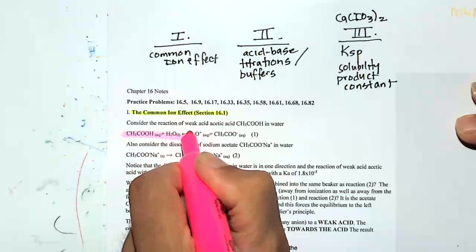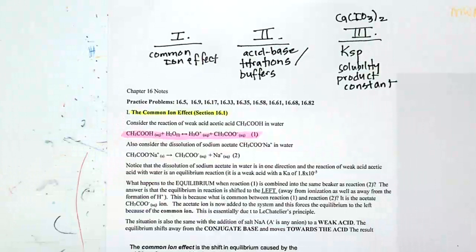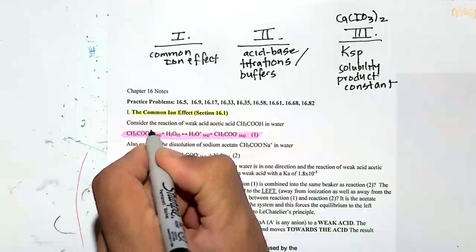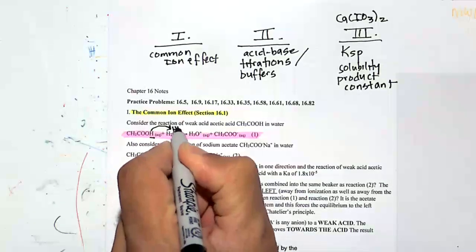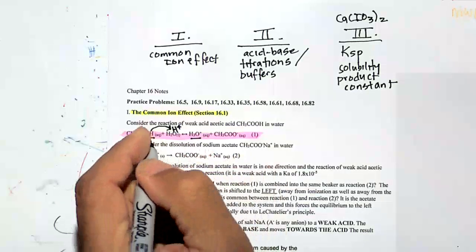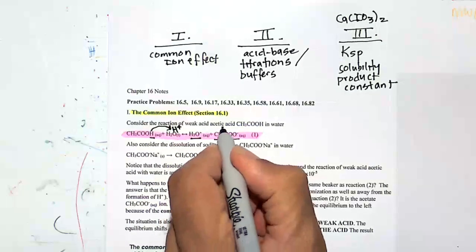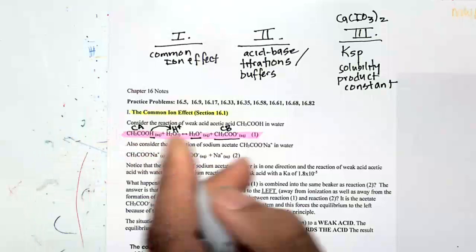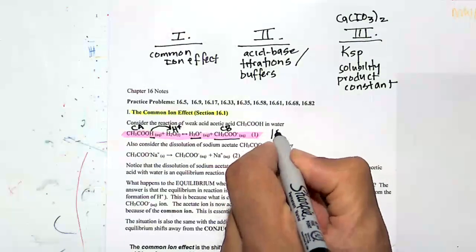This is acetic acid, and this is the Ka for acetic acid. It donates a proton. It gives you H plus and the conjugate base to the conjugate acid, acetic acid. So this is a weak acid.